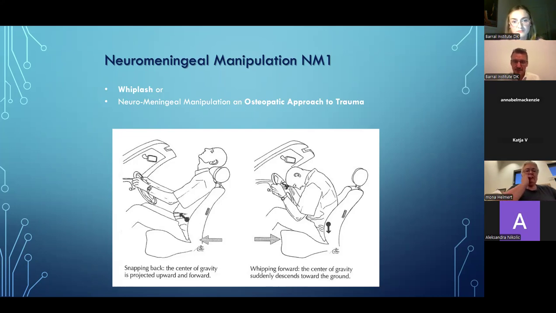But at the same time, our center of gravity will go down, and the sacrum will be pushed back into our two ilii. So in detail, we will look into what happens in the body and how that actually affects the nervous system.